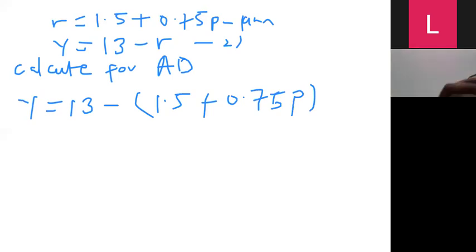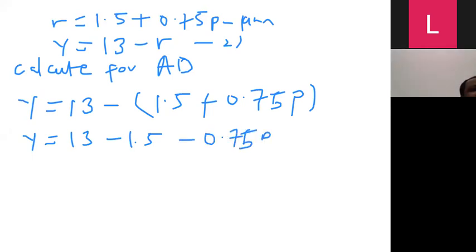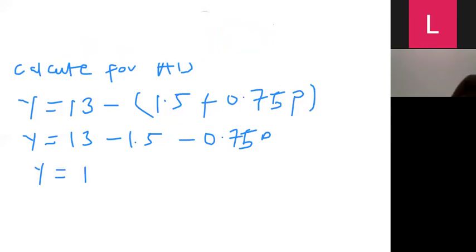That is, I'm going to have Y equals 13 minus 1.5 minus 0.75P. And 13 minus 1.5 is 11.5. So Y equals 11.5 minus 0.75P.